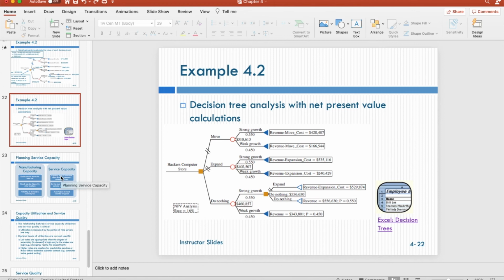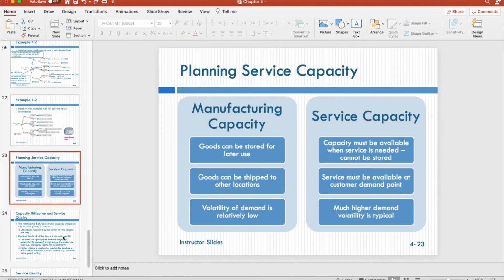Now within the textbook, we also talk about service capacity. We all know that the service type of industry is also quite important in current business. So here I would like to do a simple comparison between manufacturing capacity and service capacity.